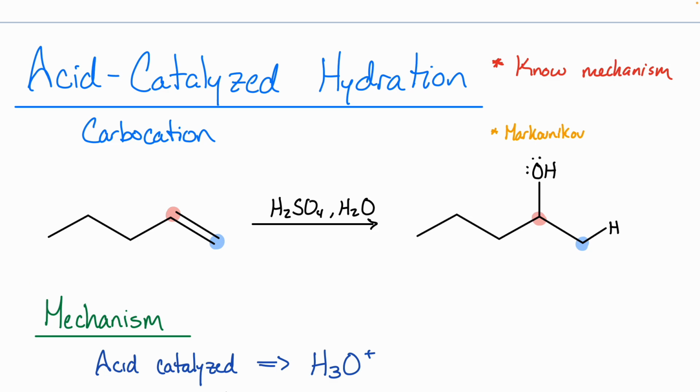What do we always have to watch out for with carbocation mechanisms? The shifts, right? So carbocation mechanism, and so we're going to make a special note. Watch out for shifts.